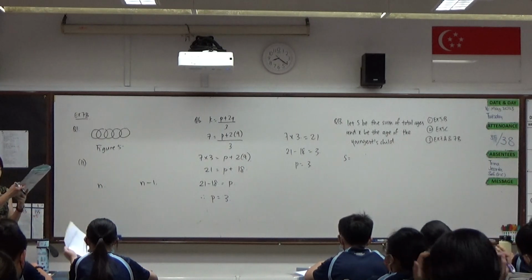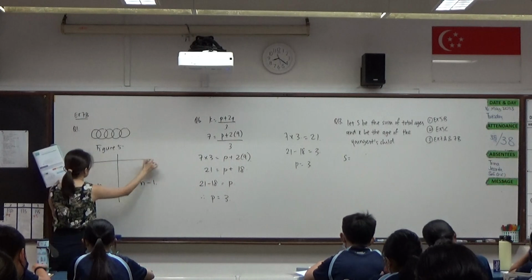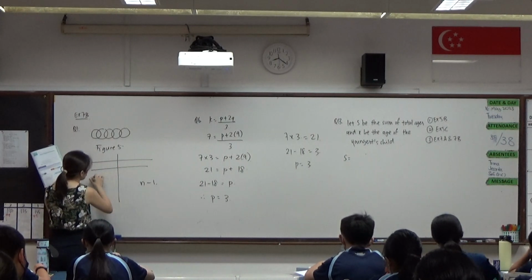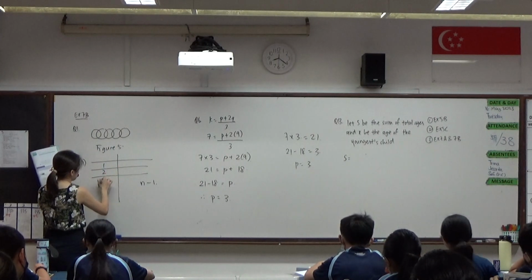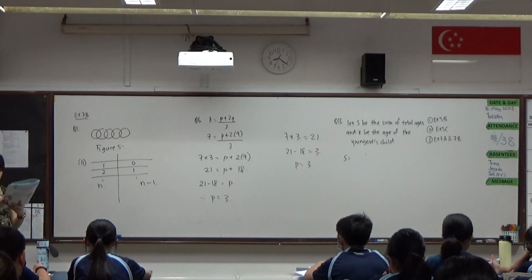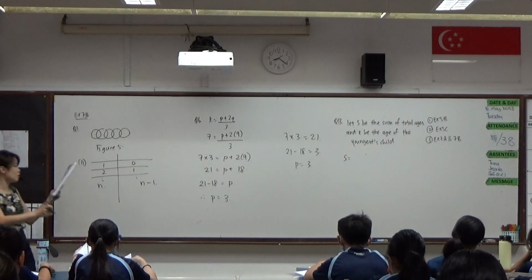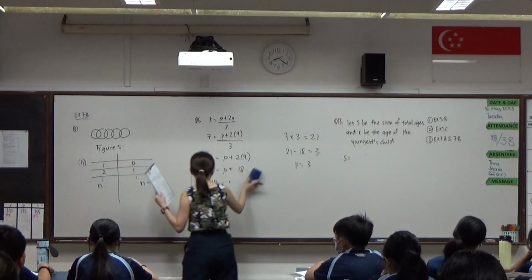Some of you are not able to get that formula out. So if you are still struggling with number pattern questions, please do let me know and see me about it. Then for question 2.